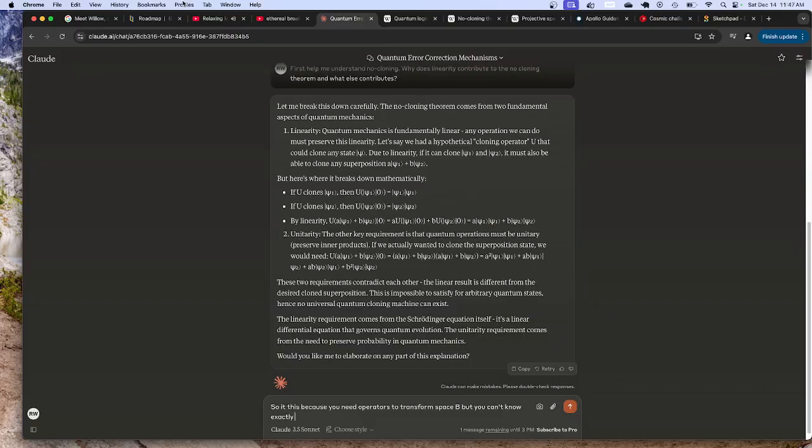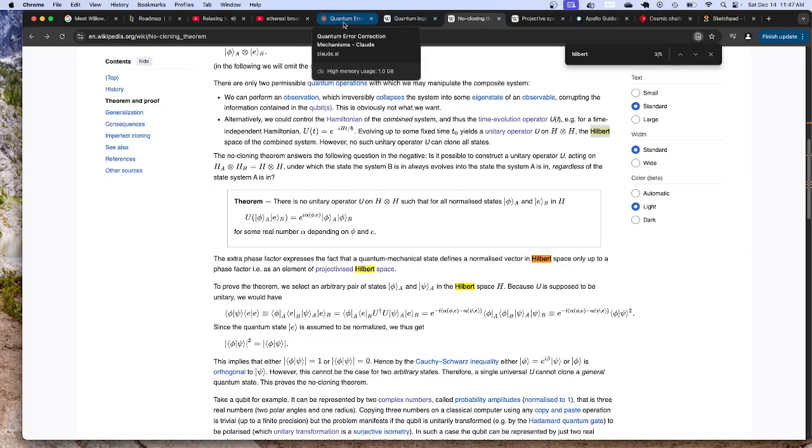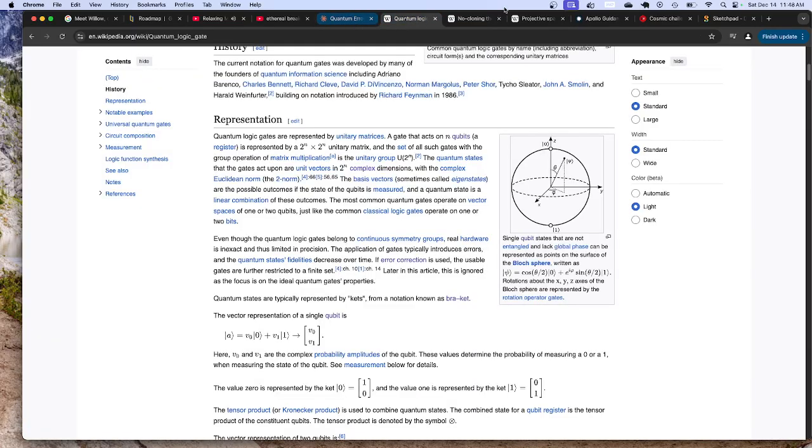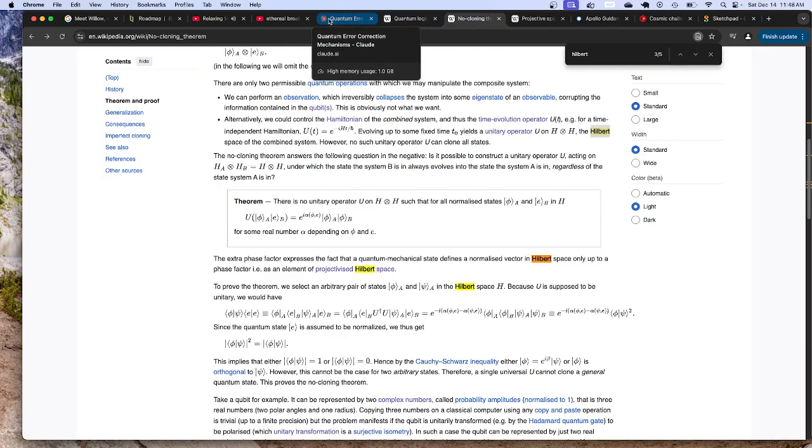Because you need operators to transfer. I want to make sure I'm asking the exact right thing. A is the Hamiltonian.